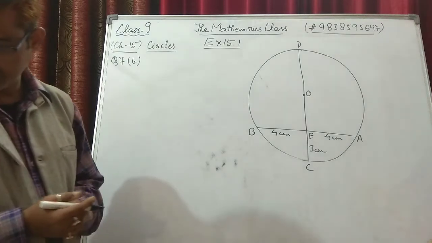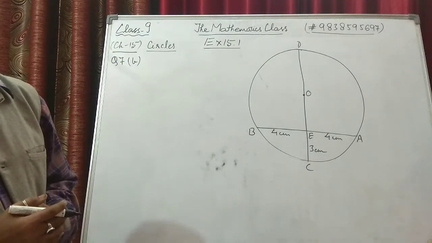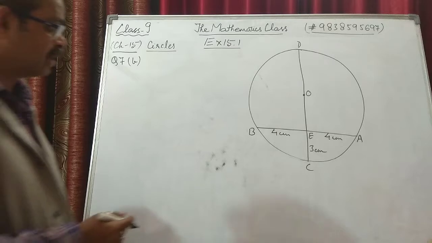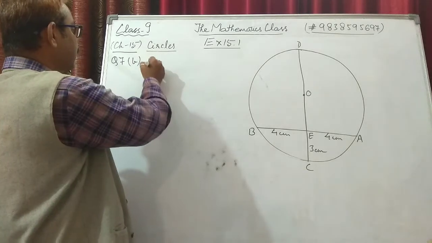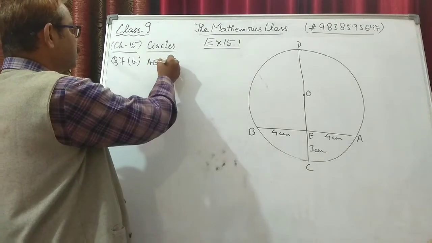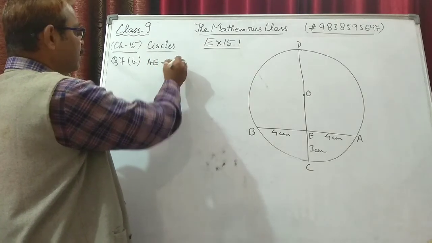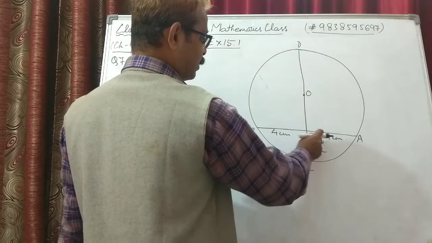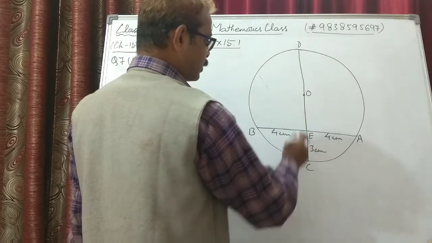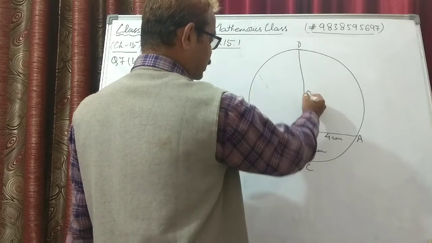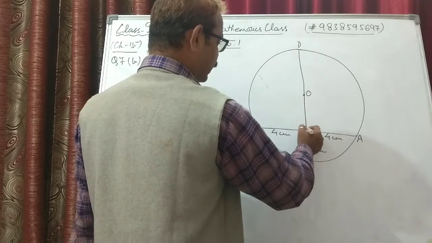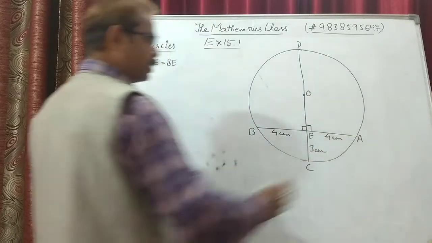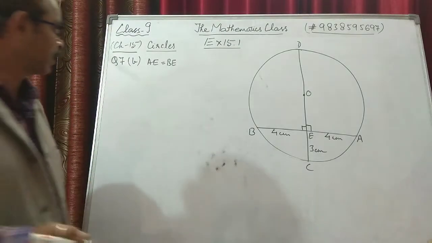In the figure given below, CD is the diameter which meets the chord AB in E such that it is given that AE is equal to BE. If AE and BE are equal, it means that chord AB is being bisected, and if it is bisected, the line from the center OE will be perpendicular to the chord according to the theorems that we have done.